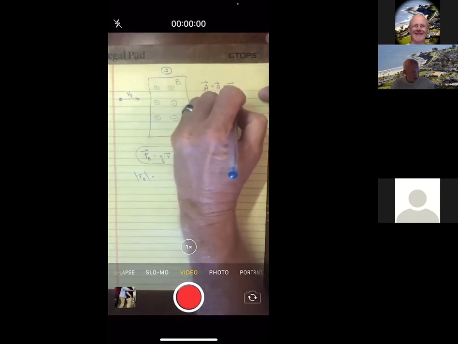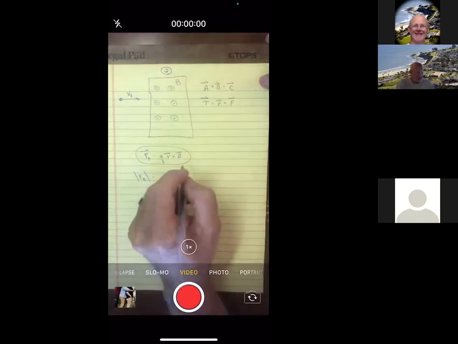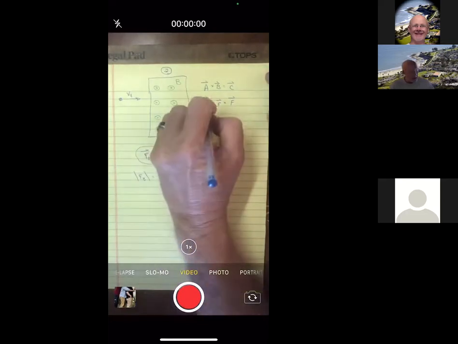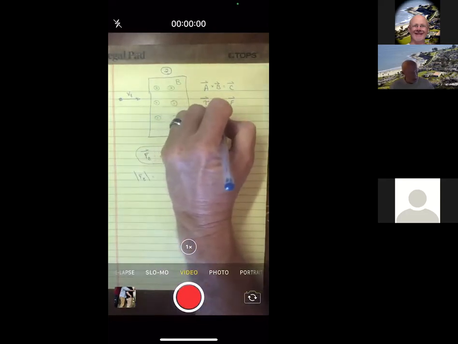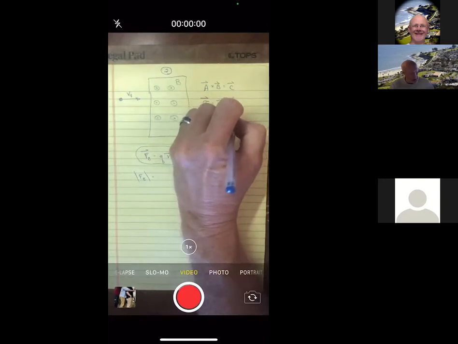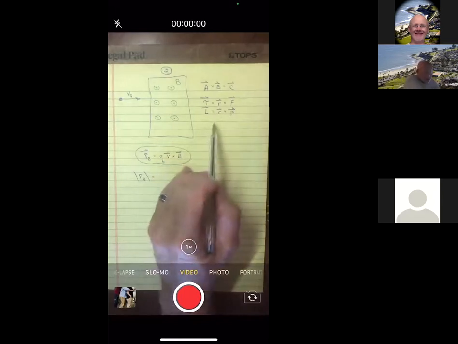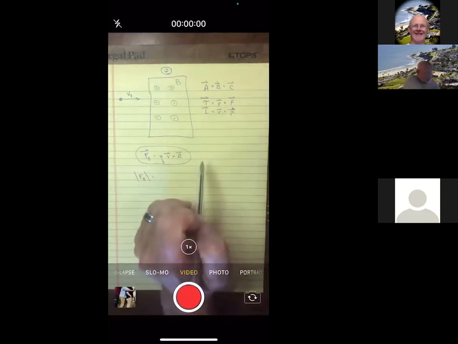Torque was R cross F. Actually, it's good for me to remind you, because there is a torque question in number 35. There's a motor question, so there's more torque. Angular momentum was another thing we learned in 121. I don't think we'll need that one for this chapter. But those were two cross products.